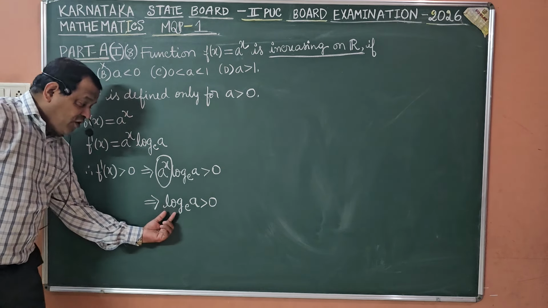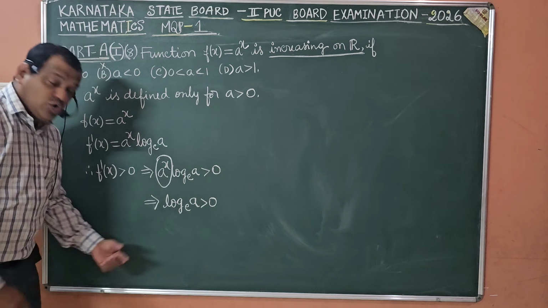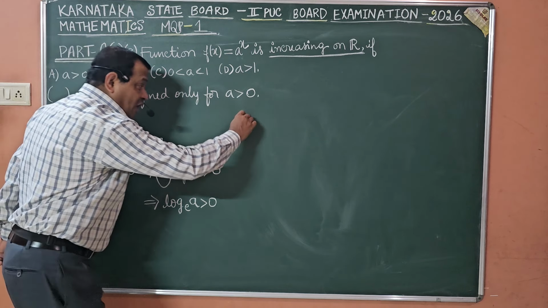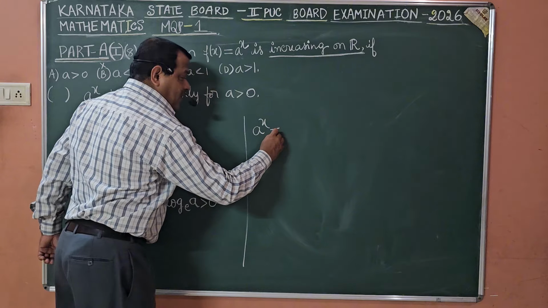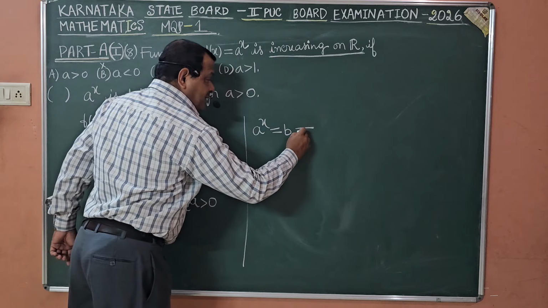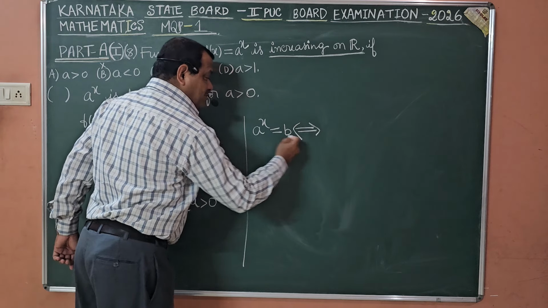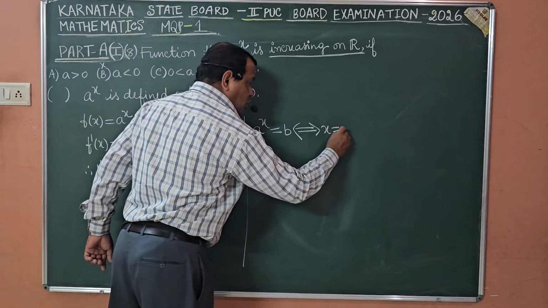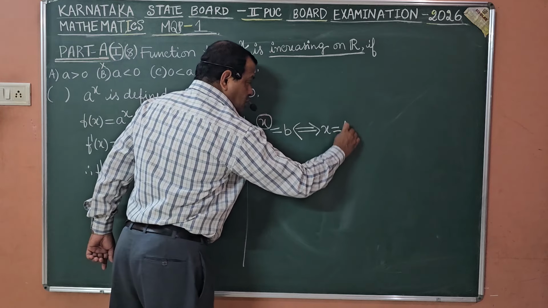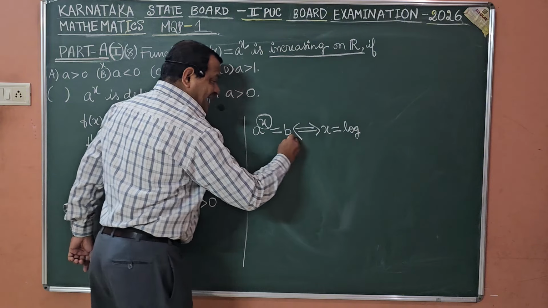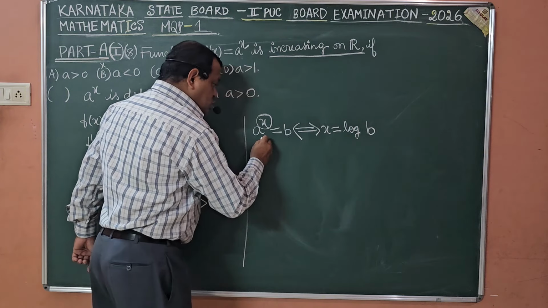Now convert from logarithms into indices. There is a formula to convert from log into indices. a power x is equal to b implies, and is implied by, x is equal to log of b to the base a.